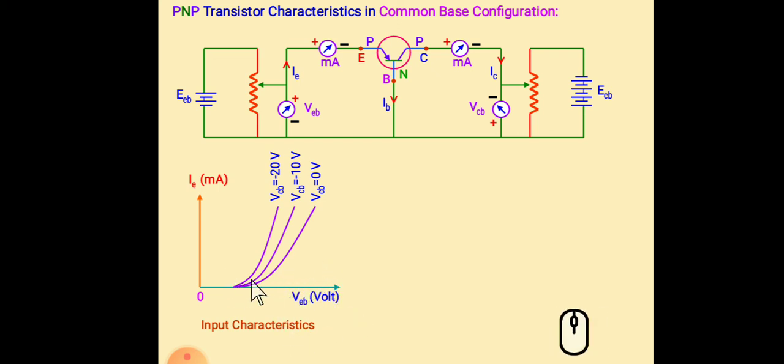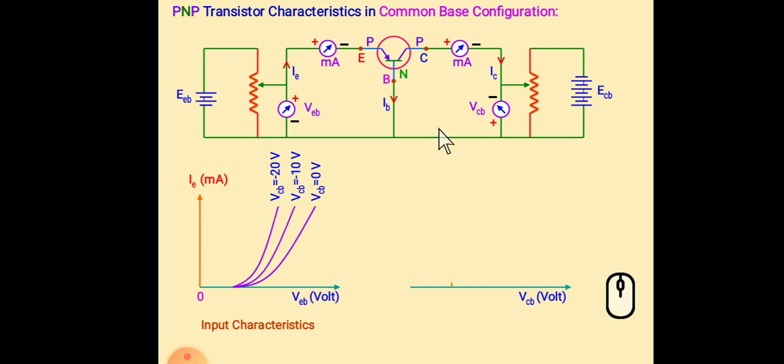So you can get the characteristics. Here we have to remember that the output voltage, that is collector base voltage, is always constant. So we can plot three graphs. Here we can see collector base voltage is at 0 volt, then the graph will be like this. If it is 10 volt, the graph will be like this. If it is 20 volt, then the graph will be like this. Actually this one is minus.